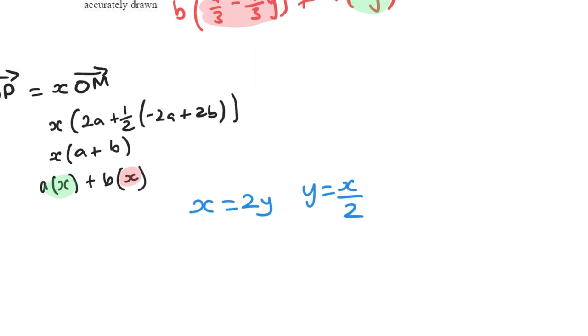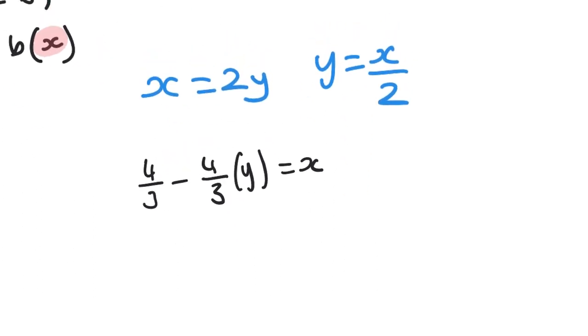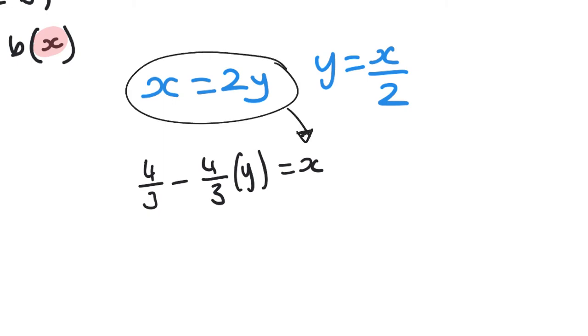So 4 over 3 minus 4 over 3y equals x. However you want to do it now, we can substitute in any which way. So if I substitute x equals 2y into here, I'm then going to have 4 over 3 minus 4 over 3y equals 2y.